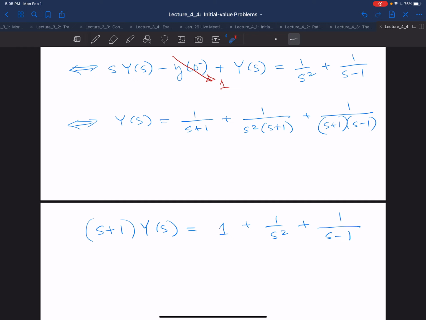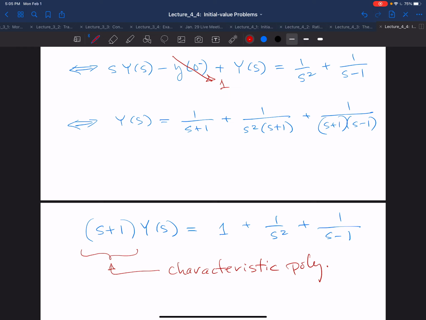And this particular polynomial that multiplies y of s is what is called, at least in the classical approach to differential equations, the characteristic polynomial. We would have got this no matter what forcing term we had had on the right-hand side of the equation.